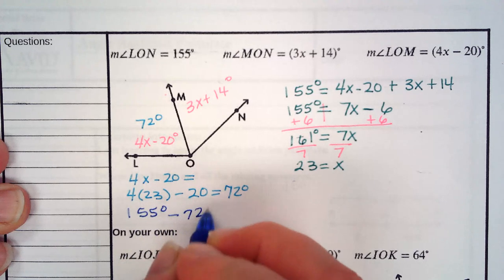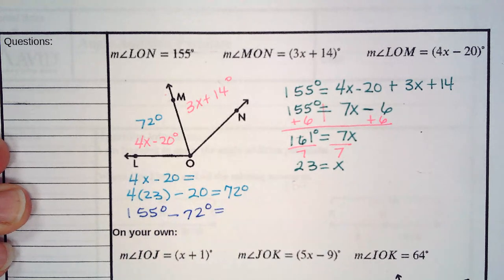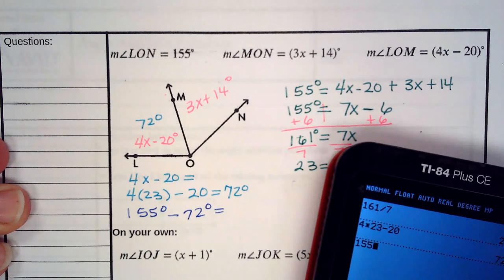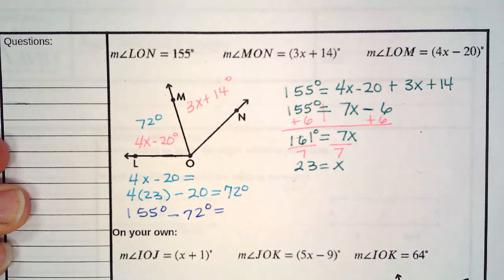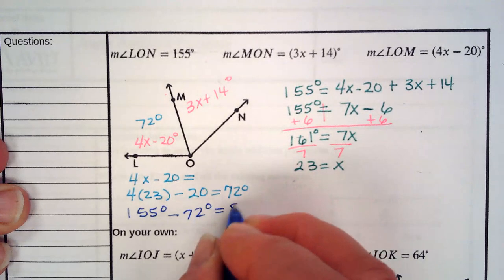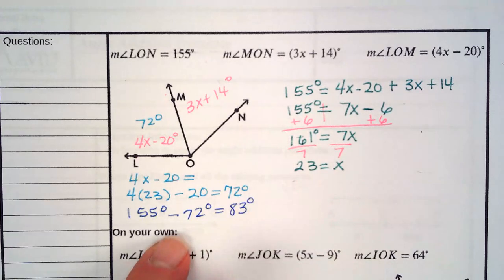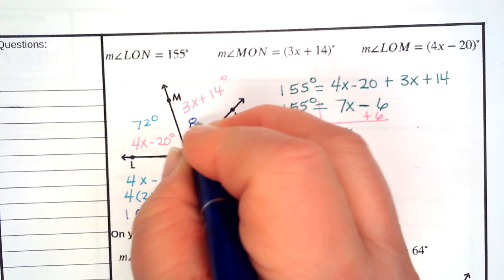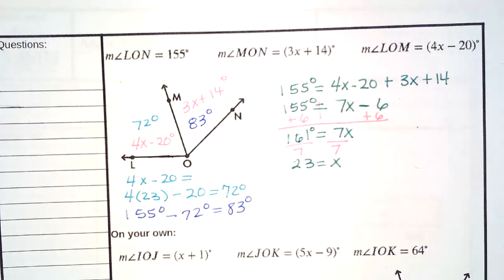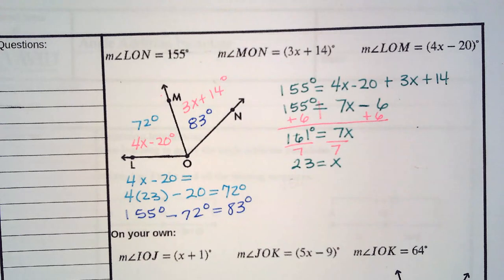And that'd be minus 72 degrees, which gives me 83. For those of you that are good at mental math, I encourage you to work mental math when you're looking at these types of problems. So this is 83. Any questions?